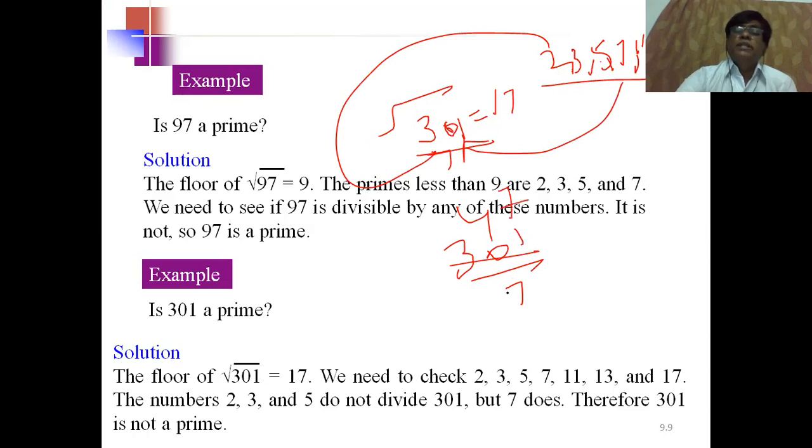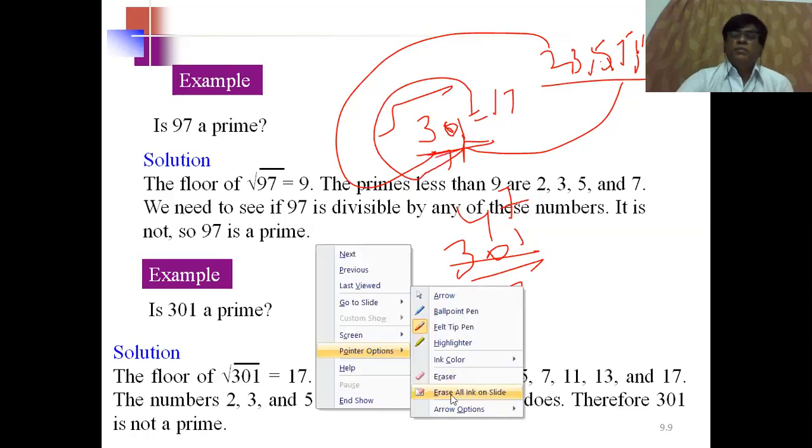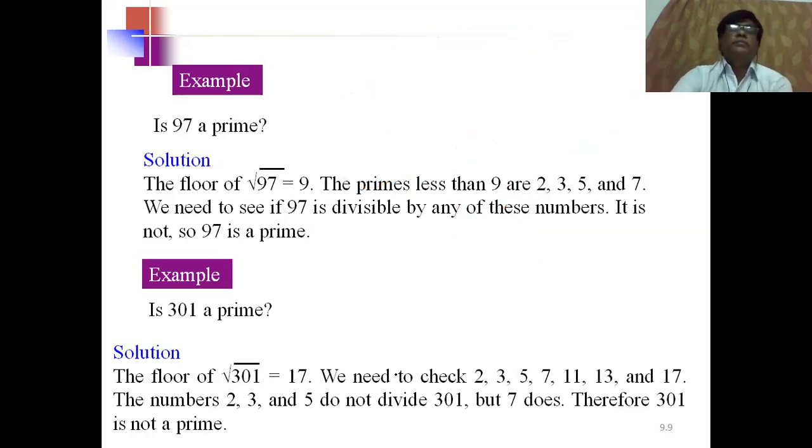So it completely divides 301. That's why 301 is not prime. So this is the way of checking whether the given number is prime or not.